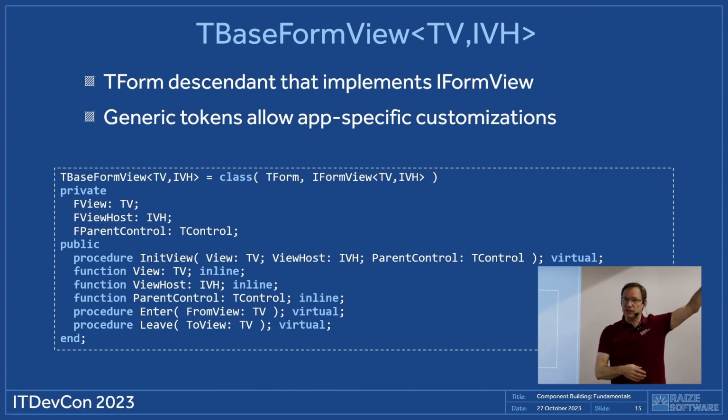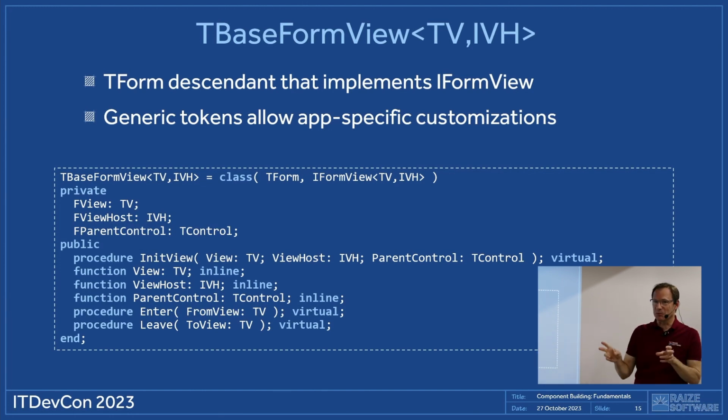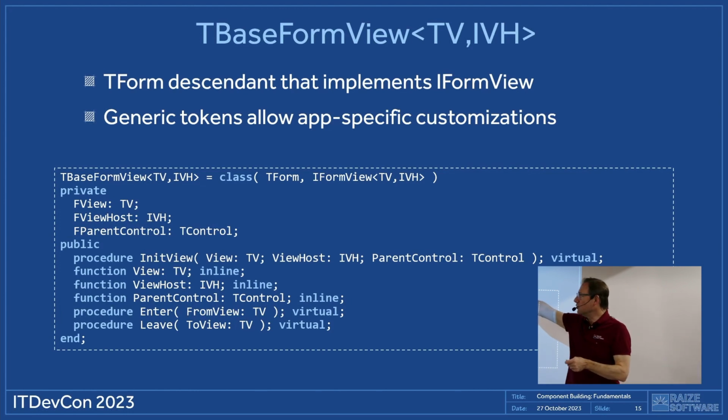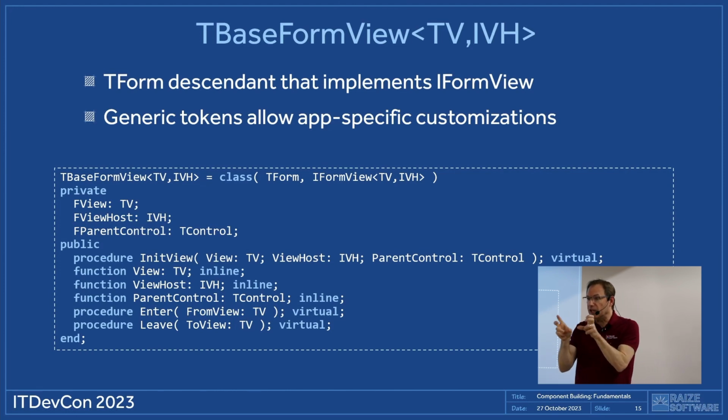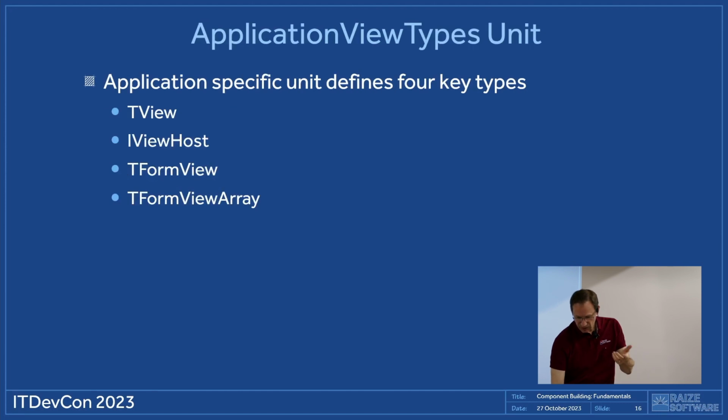So the interface we just looked at, here are the implementations of those, although it's really just a generic implementation for the moment. Once we do something with TBaseFormView is when we're going to finally fill in all these templated parameters to create something real.